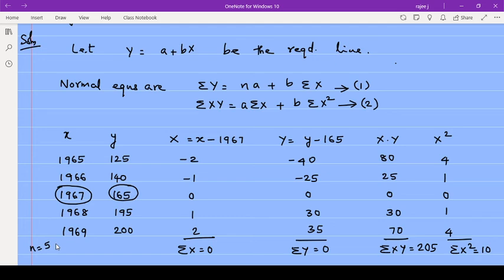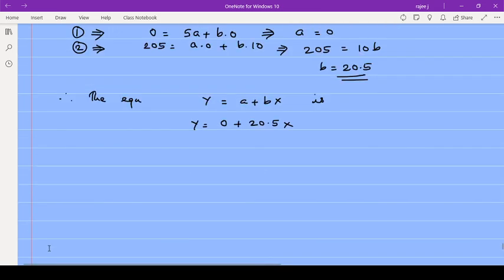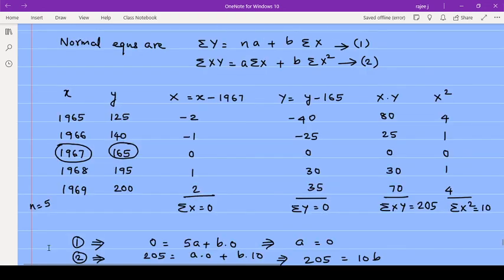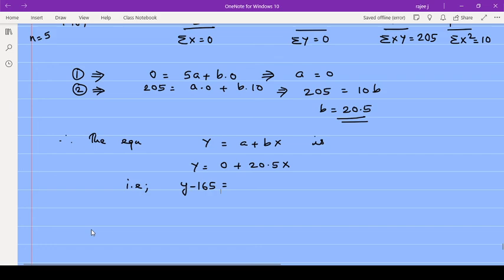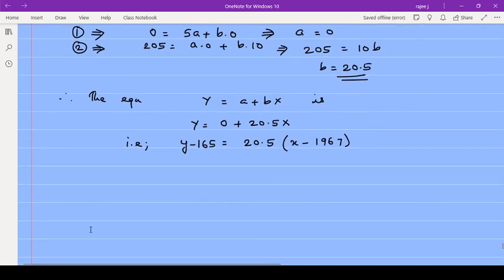Most of the time students do up to this and leave it, but you don't have to leave it like that. We need to re-substitute. Instead of Y you will write y minus 165, and instead of X, x minus 1967, so it is 20.5 into x minus 1967. Now simplify this and you will get the correct answer.